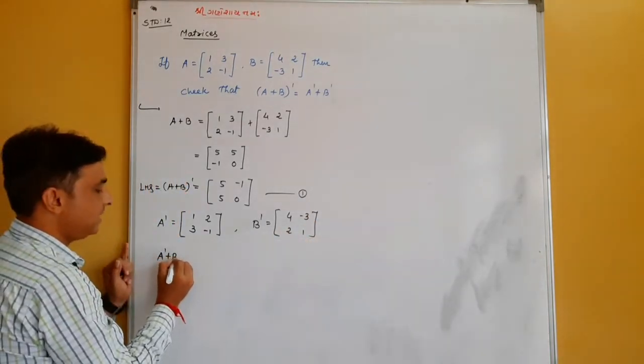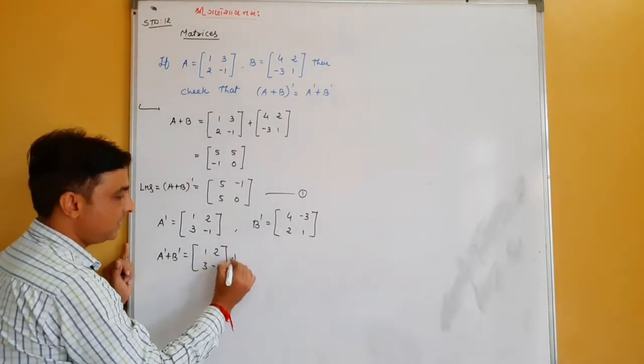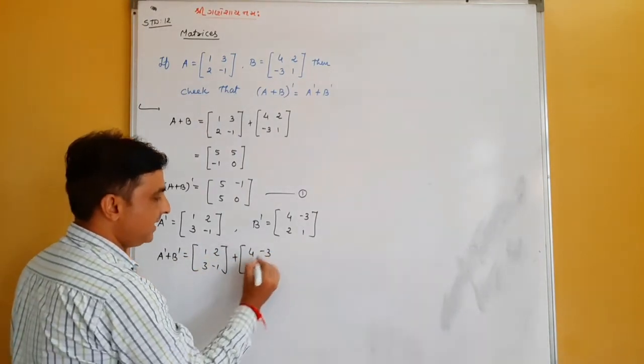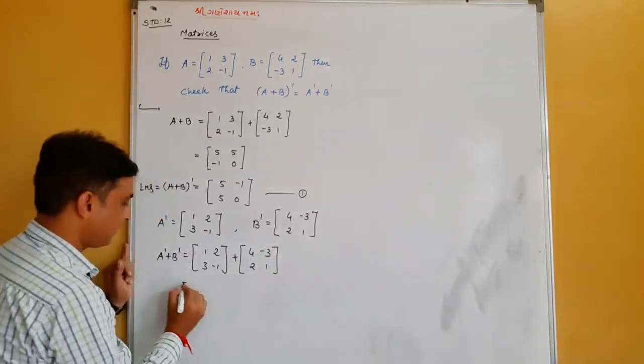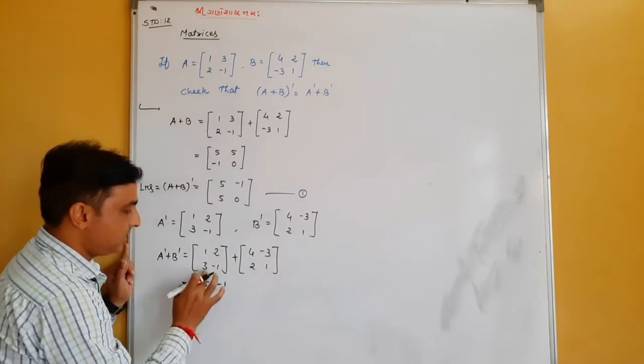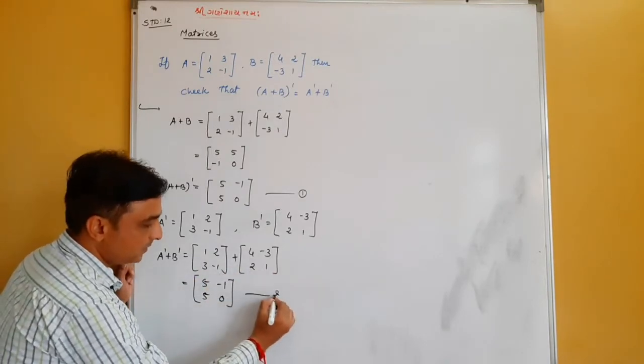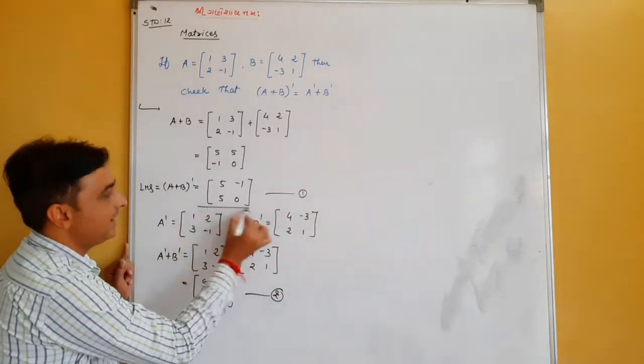Now A dash plus B dash: 1 plus 4 is 5, 2 minus 3 is minus 1, 3 plus 2 is 5, minus 1 plus 1 is 0. See, 1 and 2 are equal.